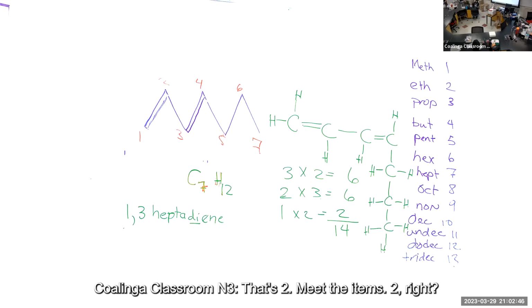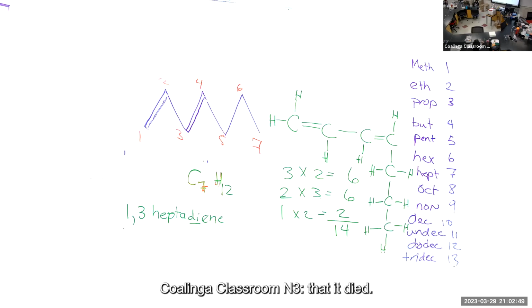Di means 2, right? Okay, 1, 3, heptadiene. This is one way of doing it. The other way of doing it is to call it 1, 3.